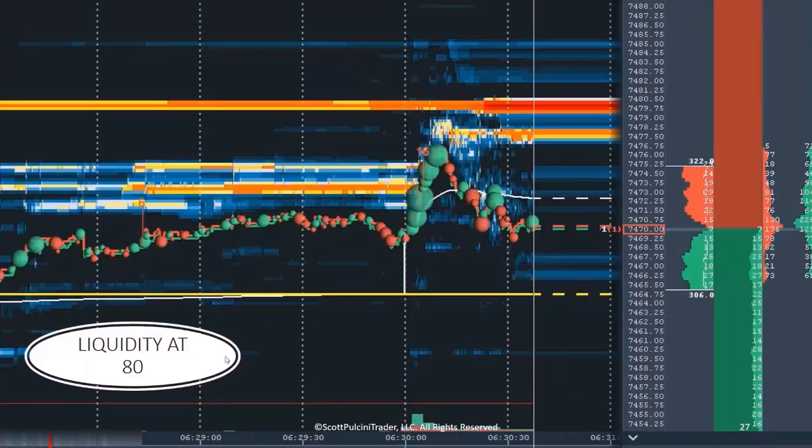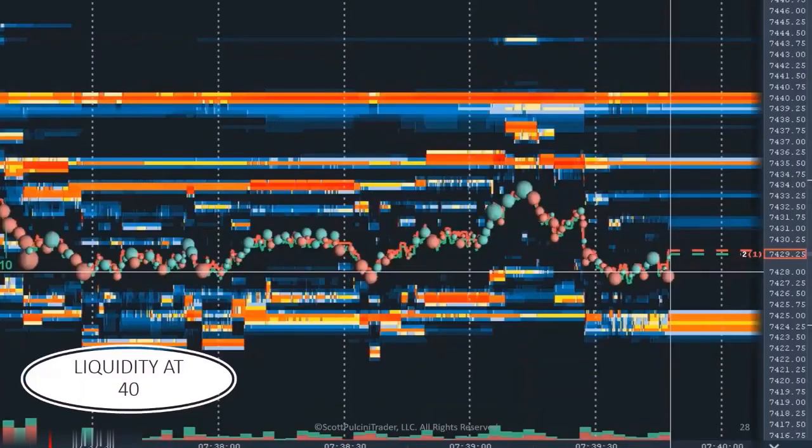The 20 multiples are always very effective in providing really strong support and resistance levels. So look for liquidity sitting there and look for the price to react around those levels. Okay, here again you see the long-term liquidity over here sitting at 40. Price staying in the range between the 20 and the 40. Okay.